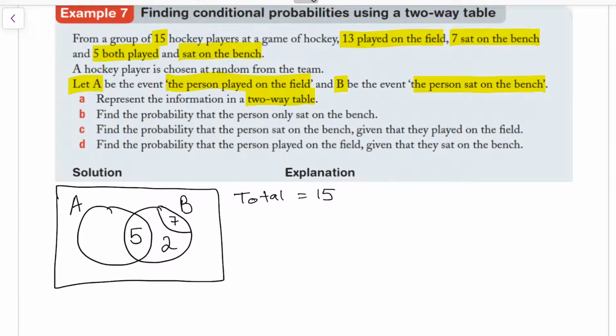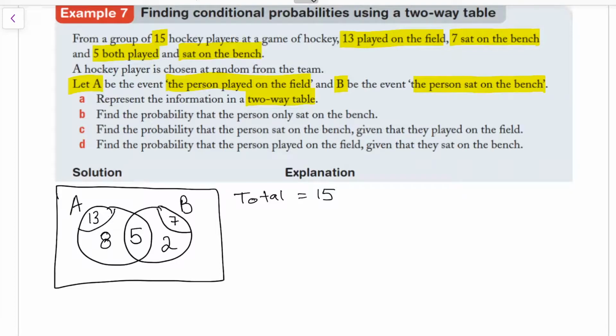We then go to the next one where we had 13 players on the field, okay, and we've had 5 that did both, but how many only played and did not sit on the bench? Well, there was 8 that only played.